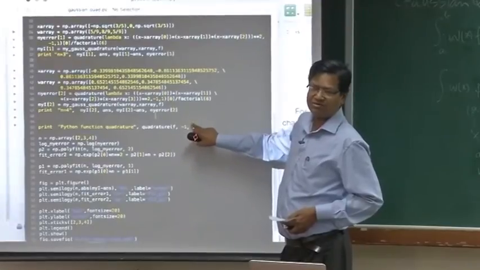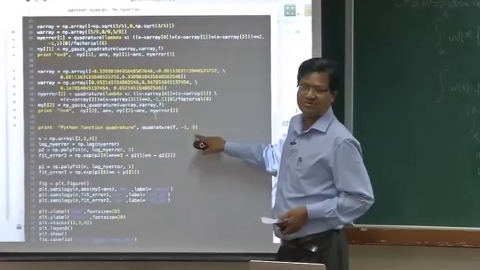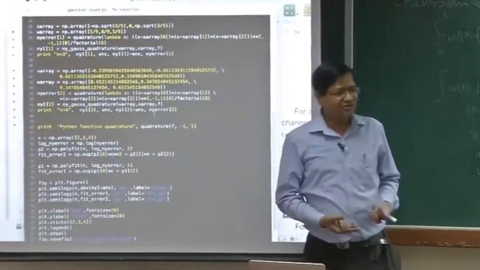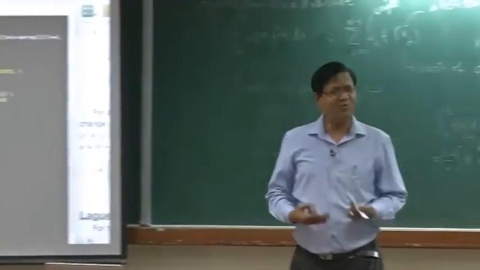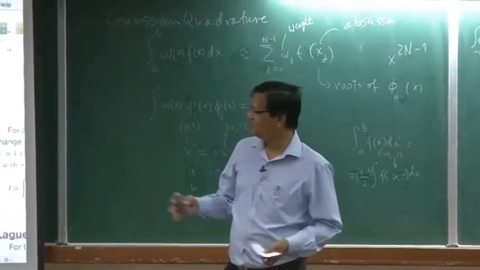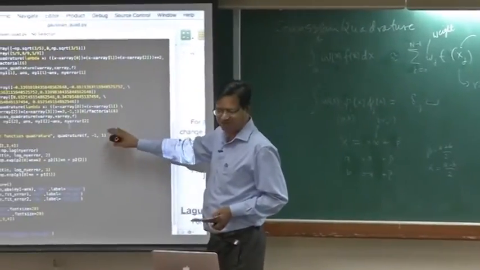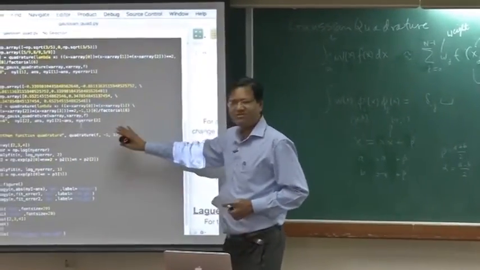So lower limit and upper limit. So this is going to give you the answer. Of course it uses Gaussian quadrature, so I don't know what n it is using, it will choose appropriately, but if you look at the literature it will tell you what n is used and so on, but I am not worried about it, it gives me a good answer.